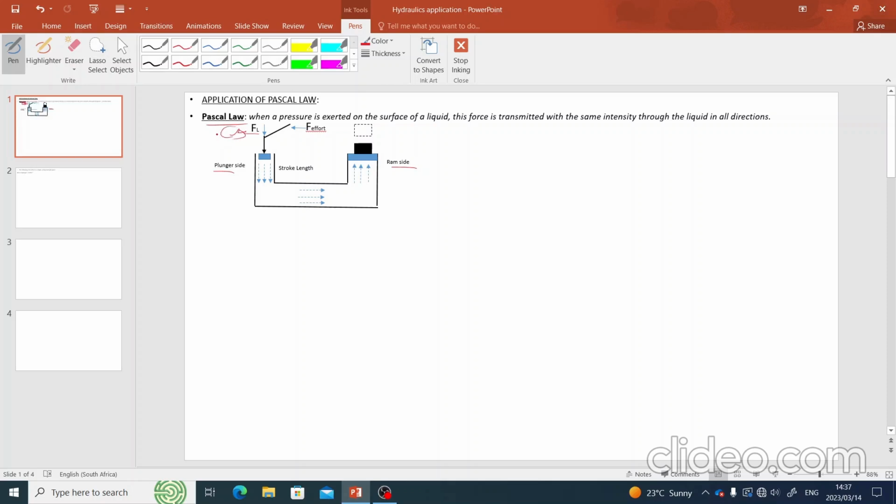What is efficiency? Efficiency indicates to us how effective the machine or the equipment is. That is efficiency. Then on the handle of this equipment, the F effort, that's where the human ability is being applied.